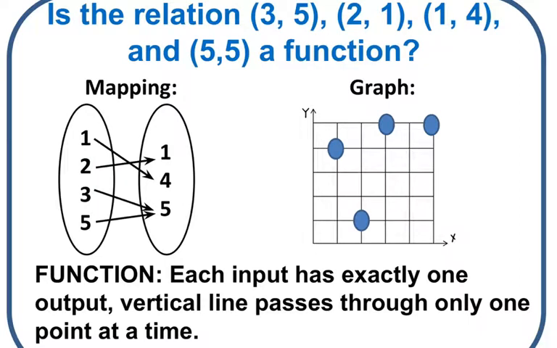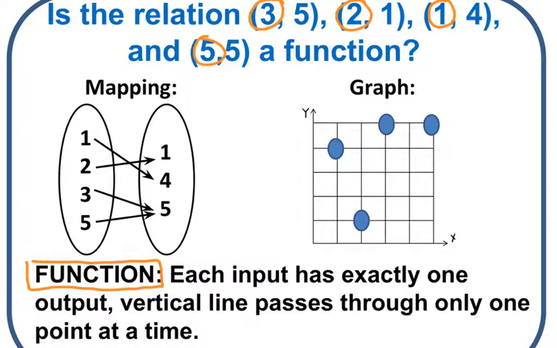So let's take a look here. Is the relationship when we are looking at (3, 5), (2, 1), (1, 4), and (5, 5) a function? Well, if I look at just the ordered pairs, I'm focusing on the x values, which is the first number in the ordered pair. Do I have any repeating numbers? 3, 2, 1, 5. So no. So therefore, it's a function. We can also look at it through what we call a mapping.